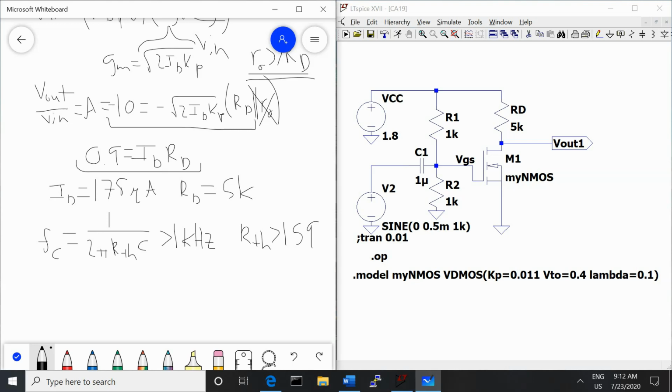R Thevenin is the equivalent resistance looking into the circuit, or looking both ways from the capacitor in the circuit. So looking toward the sine source, we don't have any resistance there, so we don't have anything on that side of the capacitor. On the other side of the capacitor, we have R1 in parallel with R2 in parallel with the input into the MOSFET.